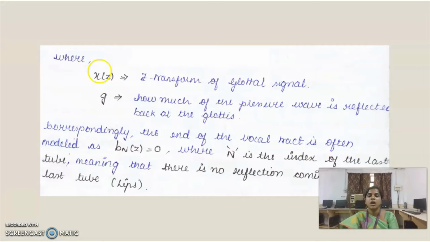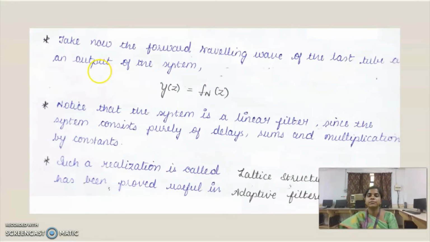G pertains to the gain at the glottis. This is how the forward traveling wave is characterized: Y of z is equal to Fn of z. And we realize this uniform tube model as a lattice-structured model, analyzed using adaptive filtering.